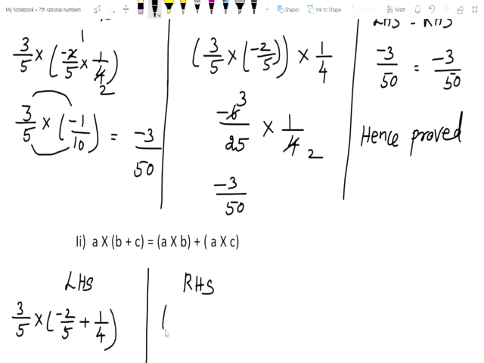Here A into B, so A value 3 by 5 into minus 2 by 5 plus A value 3 by 5 into C value 1 by 4.